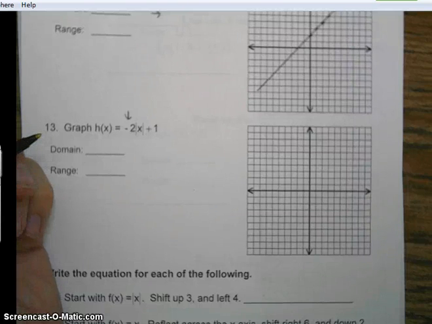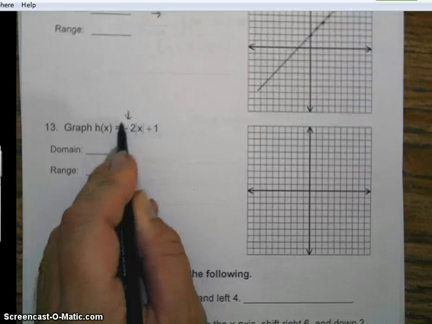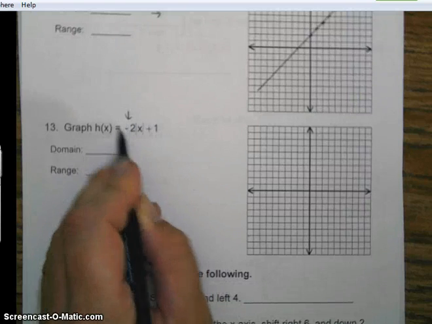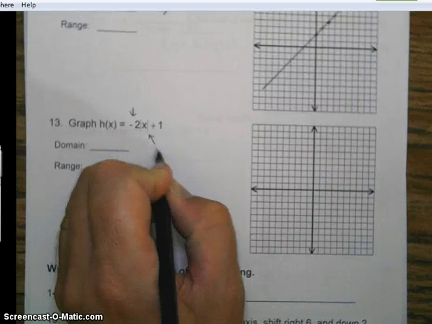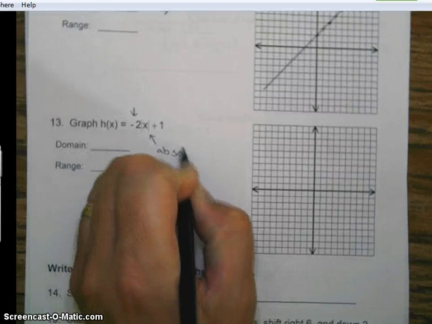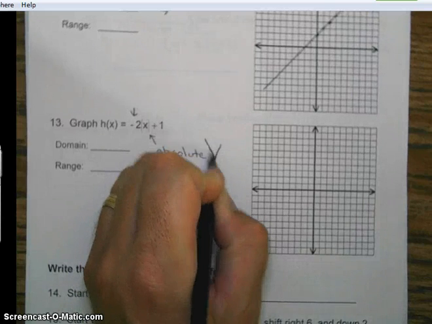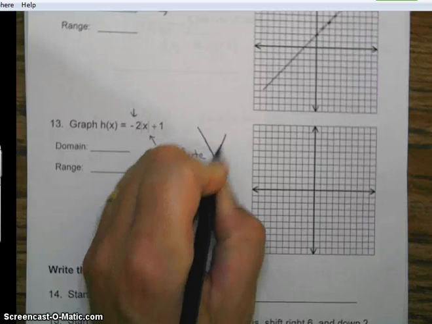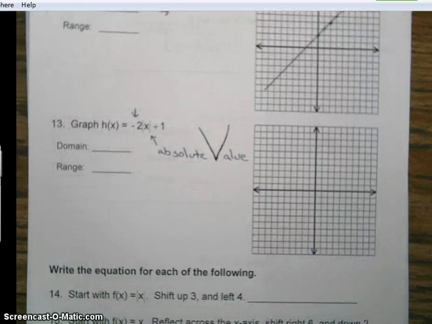Okay? We always start with the special point on the parent. The special point on the parent for an absolute value function. Remember, absolute value makes the V graph.